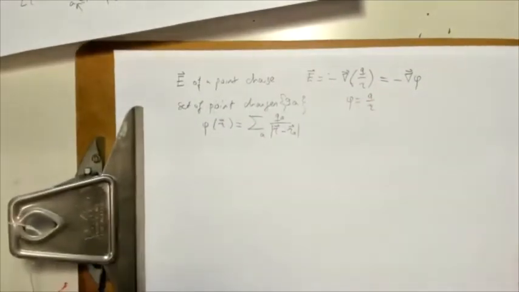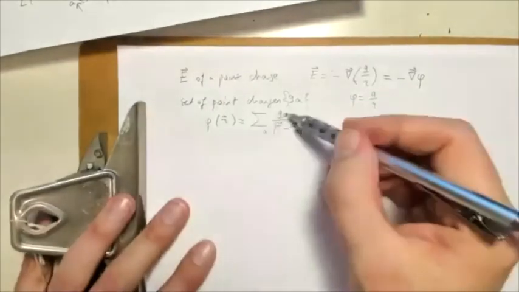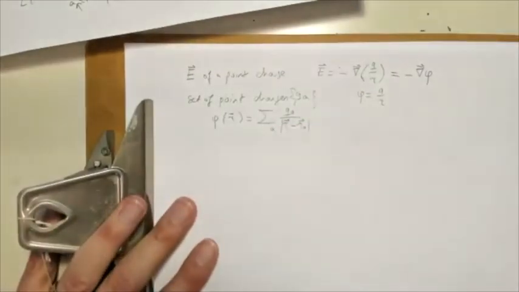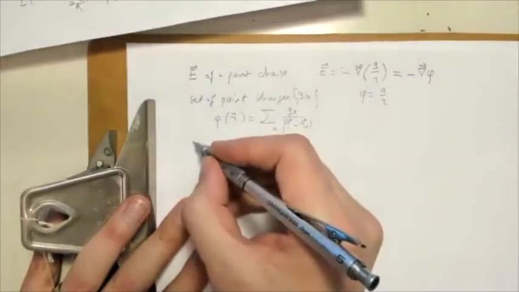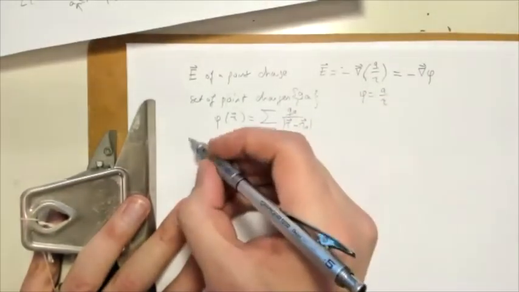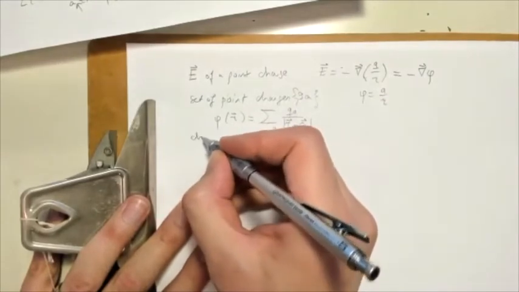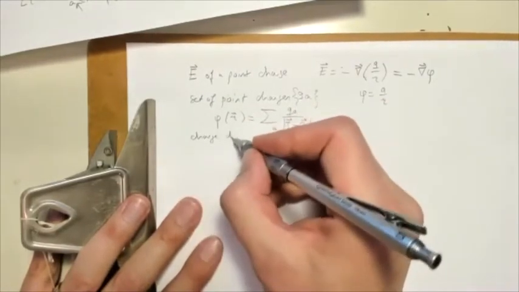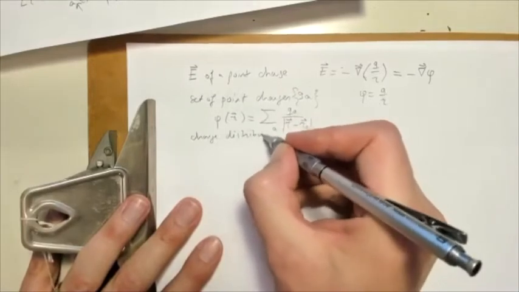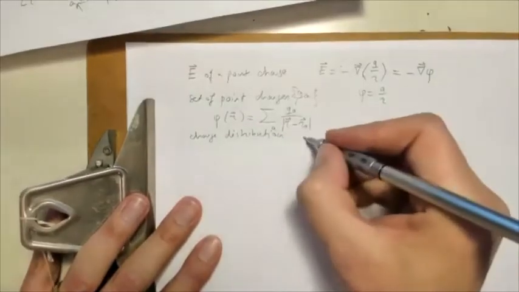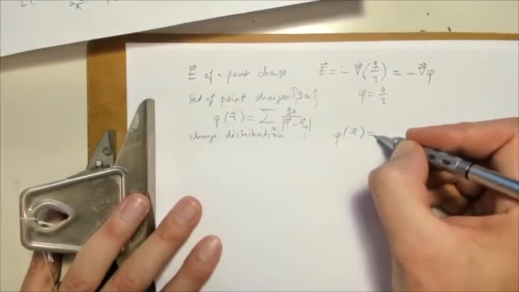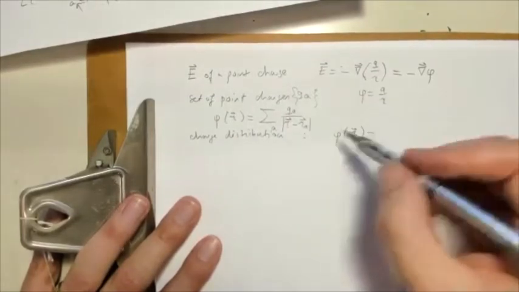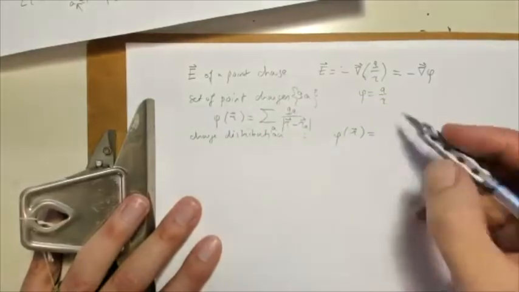Okay. And of course, that's for a set of point charges, and we've done this for a set of point charges, but now we can do this for a charge distribution. We get our phi of R. Instead of doing a sum over Q_A, we do the same thing.